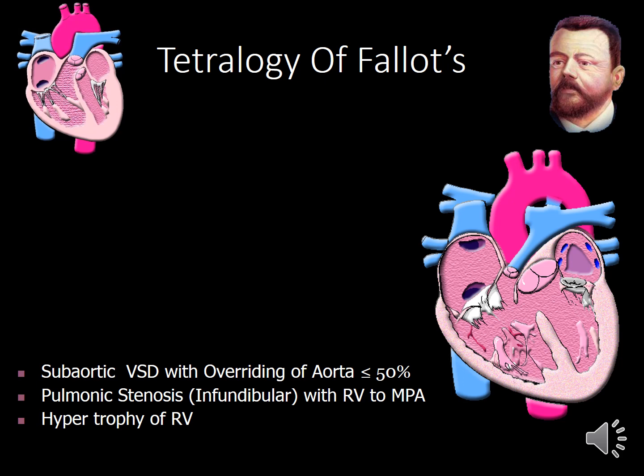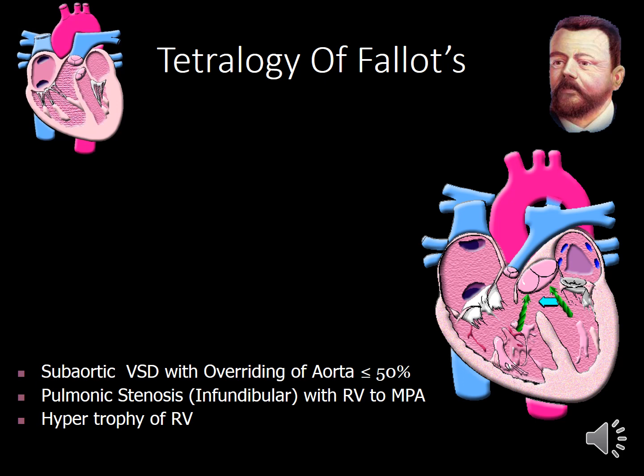In the left upper corner you are seeing a normal anatomy of the heart. What happens in tetralogy of Fallot, as the name suggests, is that there are four defects. The first defect is a ventricular septal defect. Normally, the interventricular septum is continuous with the anterior wall of the aorta, but here the interventricular septum overrides the aorta, displaced over it by less than 50%.